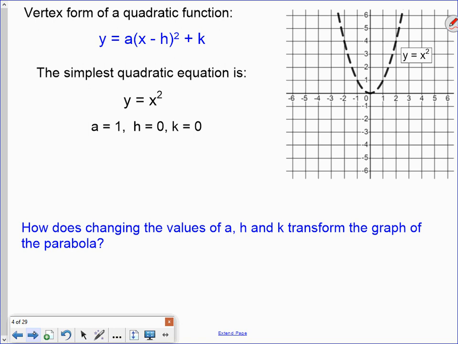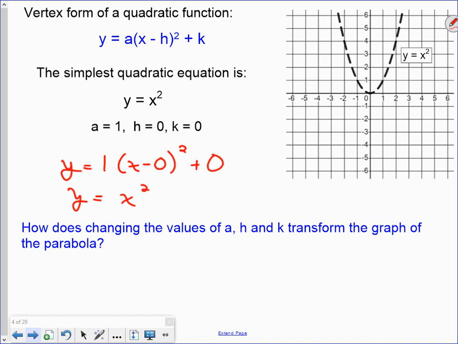We can imagine putting y equals x squared in this form, y equals a(x minus h) squared plus k. The value of a in this one would be 1, h would be 0, and k would be 0, because we could write this as y equals 1(x minus 0) squared plus 0. And if we do some simplification here, this works out to be just x squared.